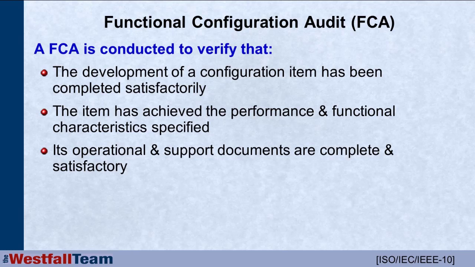That it meets all of its performance and other quality attribute requirements, that safety, security, usability, expandability, reliability, supportability, modifiability, all of those have been built into the product, as well as all of its functional characteristics, and that those have all been verified and validated. And that all the operational and support documents have also been completed and are satisfactory. They were built from the right pieces and parts. This definition is according to the ISO IEC IEEE System and Software Engineering vocabulary.